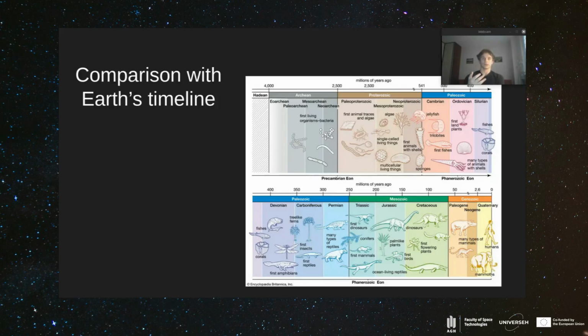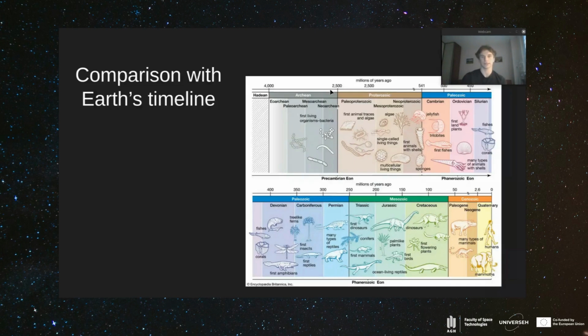So we can see that if we exclude the Hadean period, because in the Hadean the surface of the Earth was mostly molten and there was a lot of heat on the surface, so there was no real chance for organisms to spring to life, we are mostly interested in the Archean.